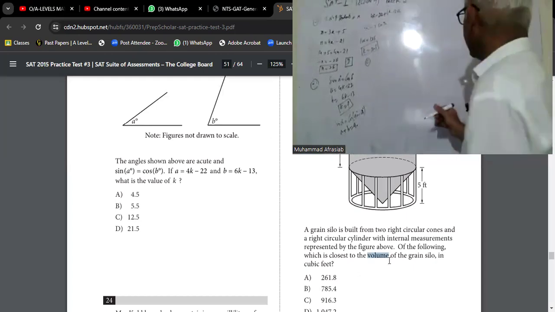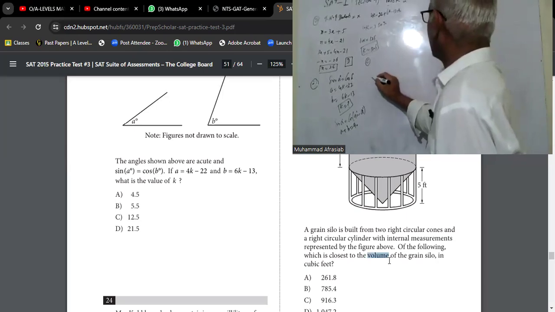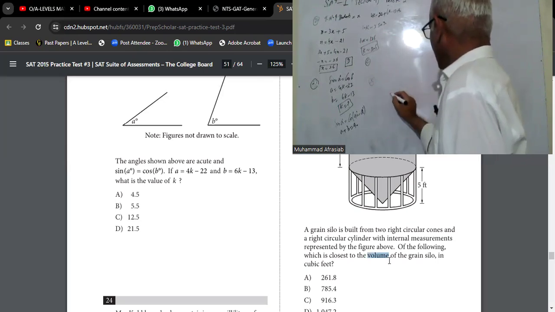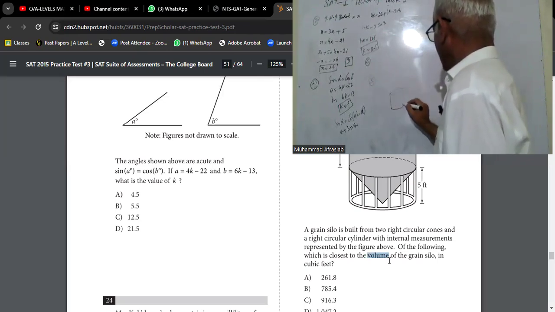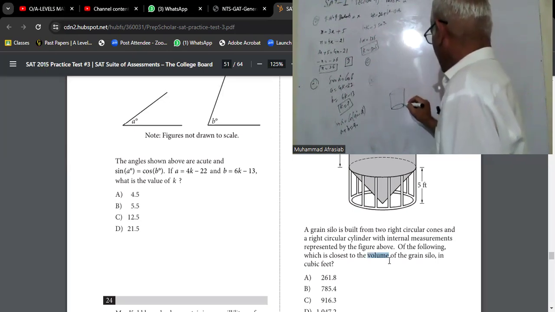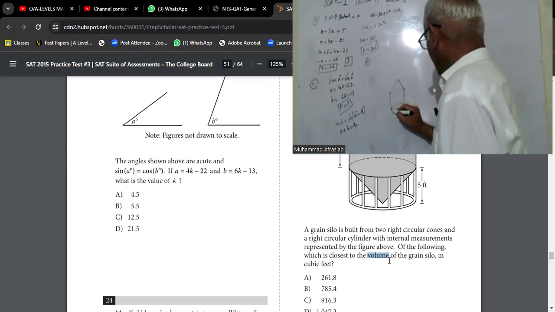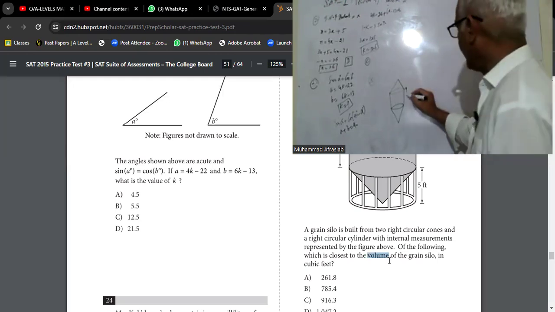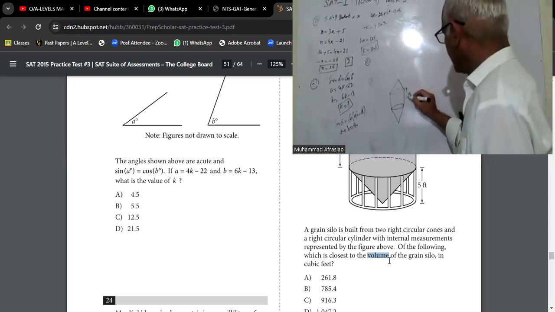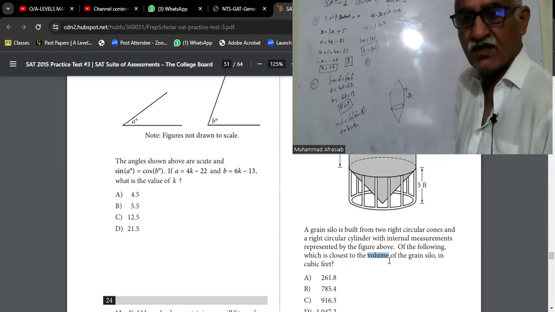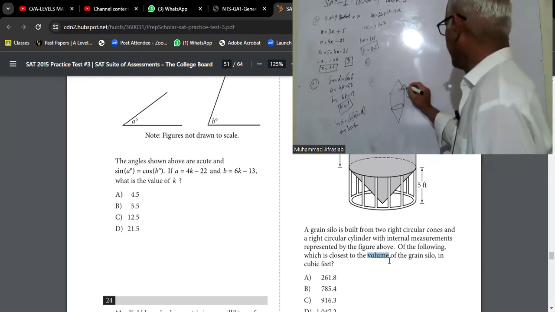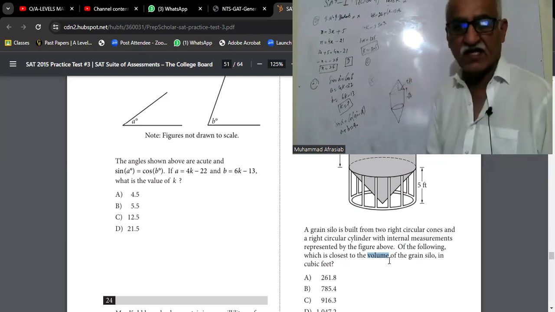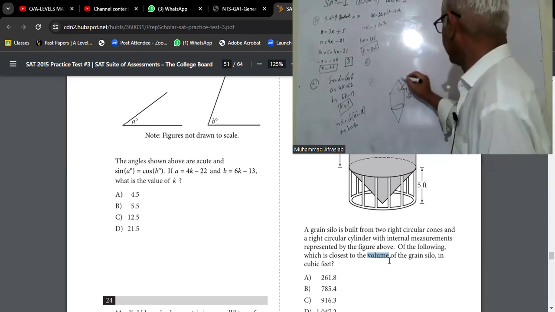We know that this is the shape given to us, where this height is equal to 10 feet, this radius is 5 feet, and this height is 5 feet.